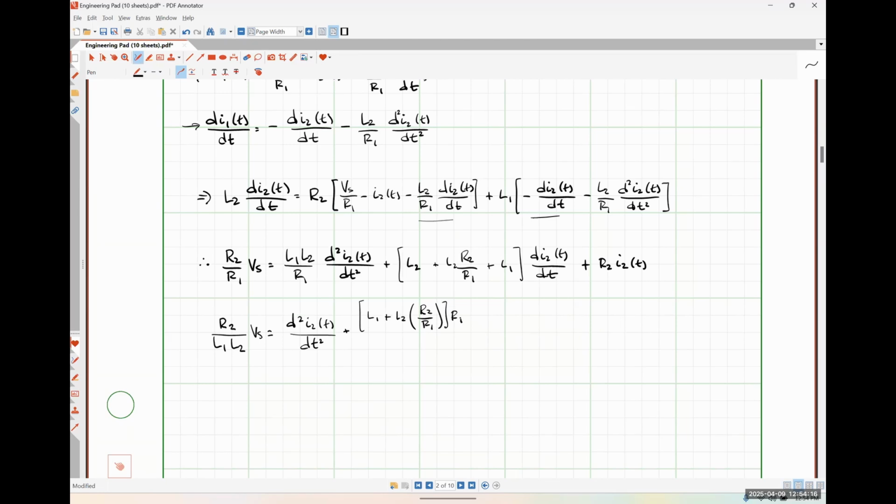That's going to be multiplied by R1. That will be divided by L1 L2. And then I have my first derivative term.